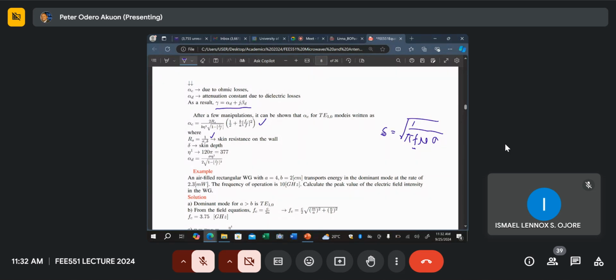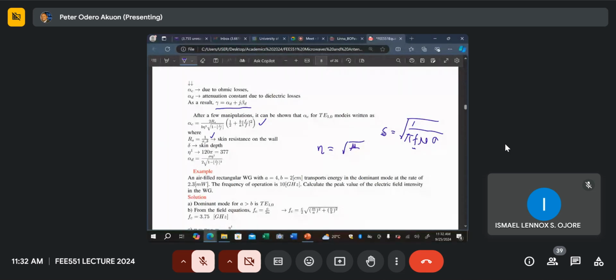Then eta is the intrinsic impedance of the wave, which is normally given as... Anyone who can remember the formula for eta? What is the formula for eta, the intrinsic impedance?